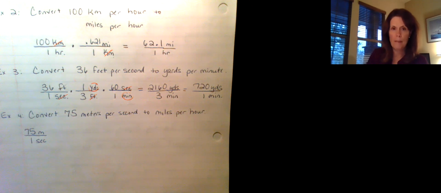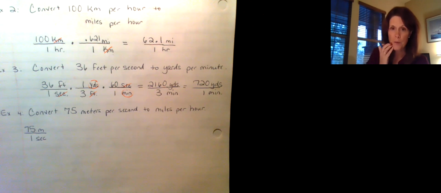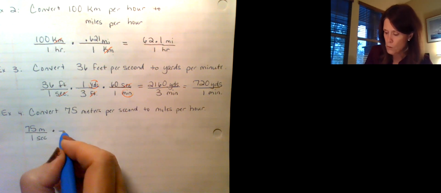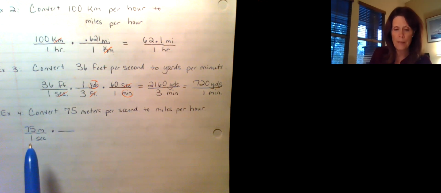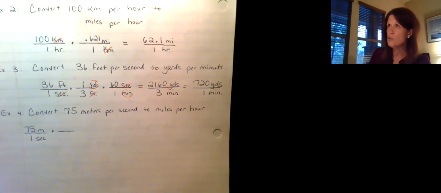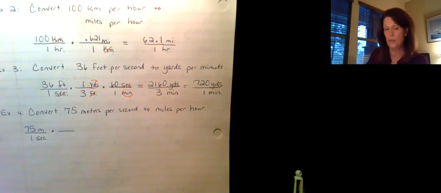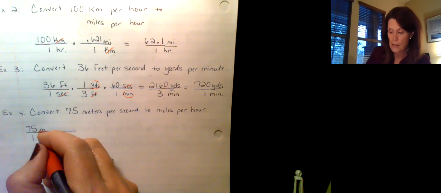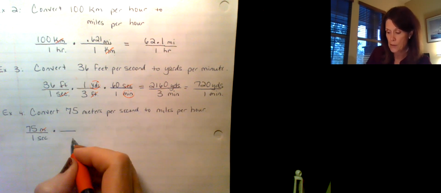So M for meters, MI would be miles, right? And again, my goal is to move away from meters and move away from seconds. So I'm going to choose the distance first. It's just a habit I usually do, where I want to get rid of meters. So I'm going to put meters down here, right?